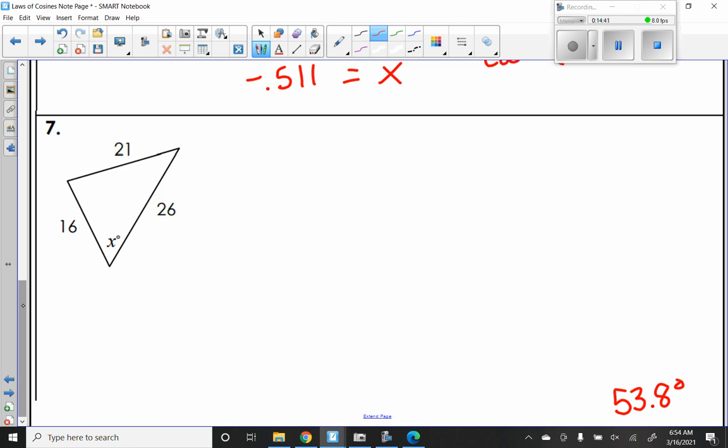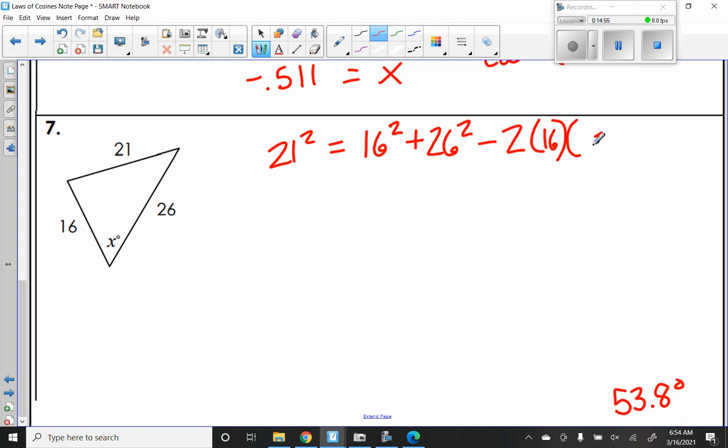I'll show you the equation I used. 21 squared equals 16 squared plus 26 squared minus 2 times 16 times 26, and I'll put the cosine x in there. That's the equation I used. So hopefully you got a little over 53 and a half degrees, right under 54 degrees.